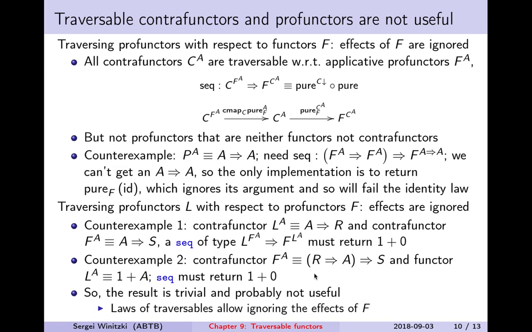They don't actually say that. So you can traverse each element once, and that's guaranteed, but then you can just ignore the effects, maybe. Well, for some functors that's possible, as we have just seen. So the conclusion is that traversable contrafunctors and profunctors aren't really so great and aren't very useful.